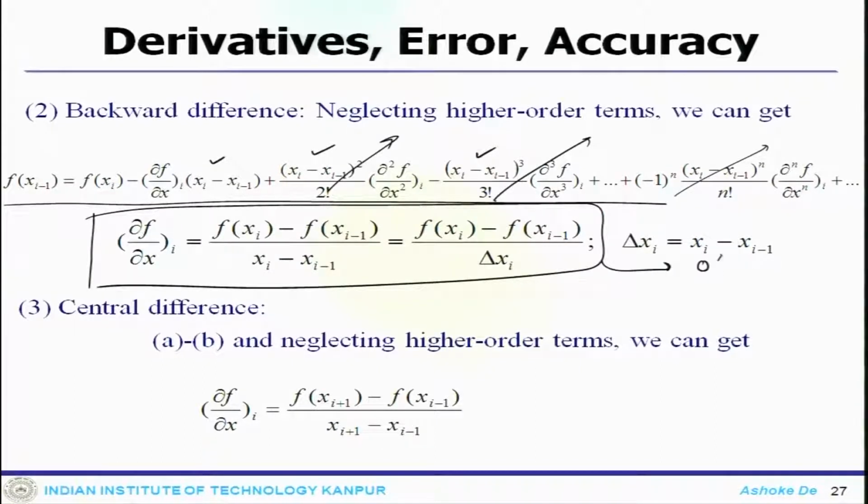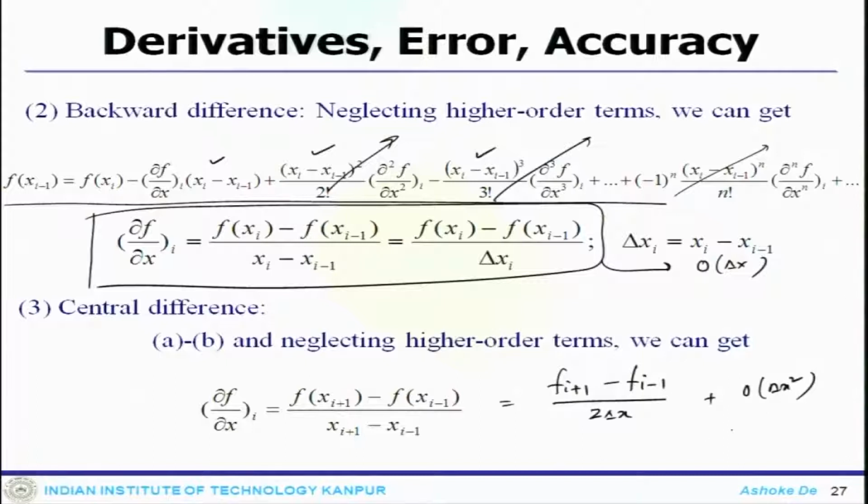Again the order of accuracy is delta x. Similarly, if you take both the systems together and write (f_{i+1} minus f_{i-1}) by 2 delta x, this is second order accurate.